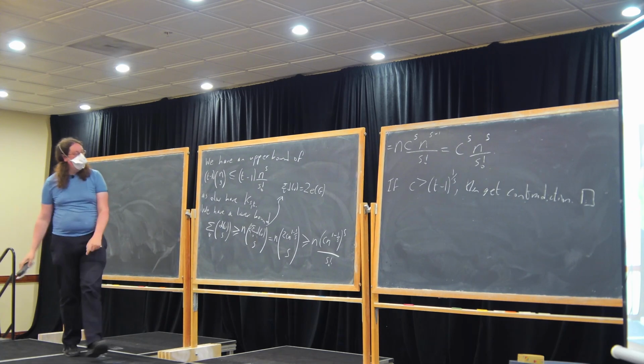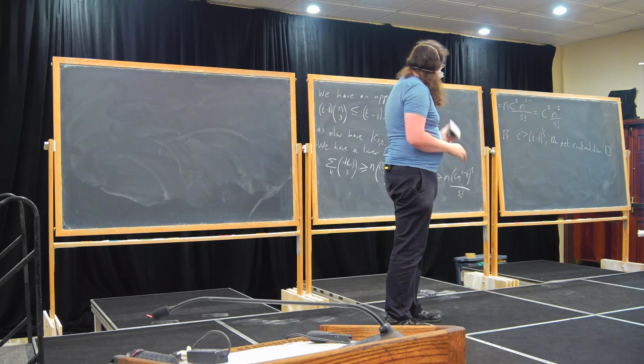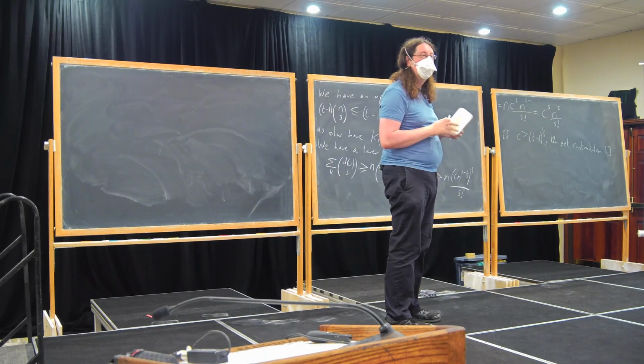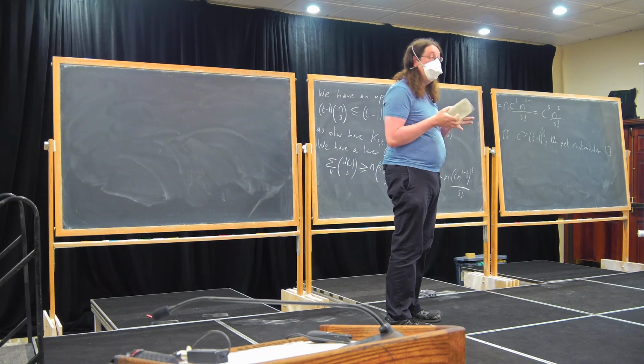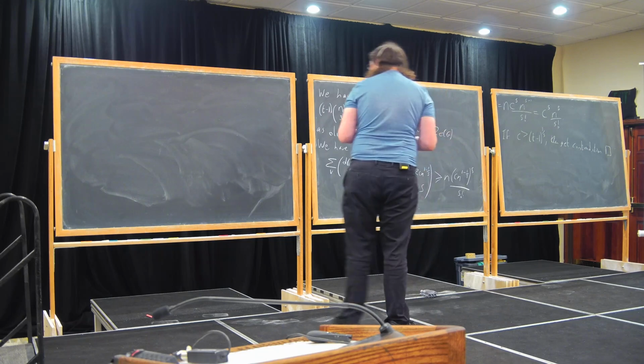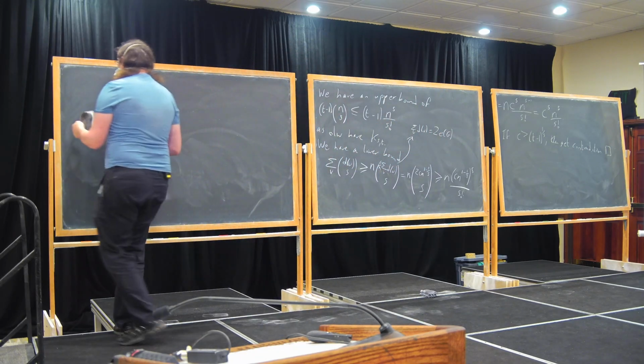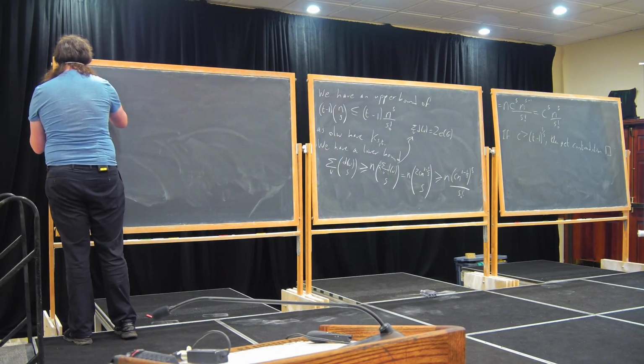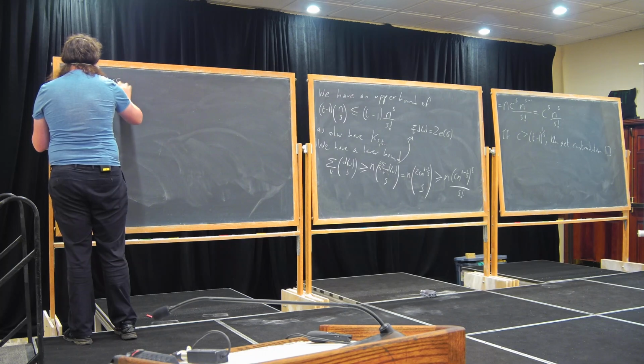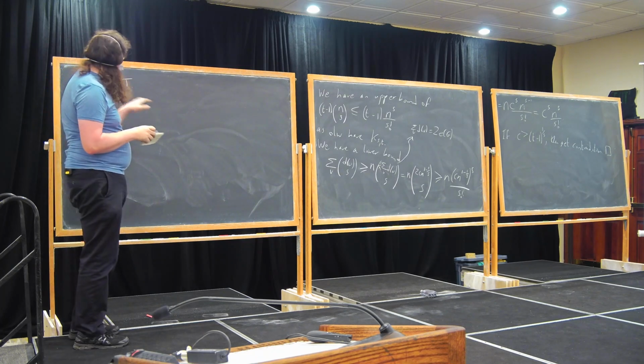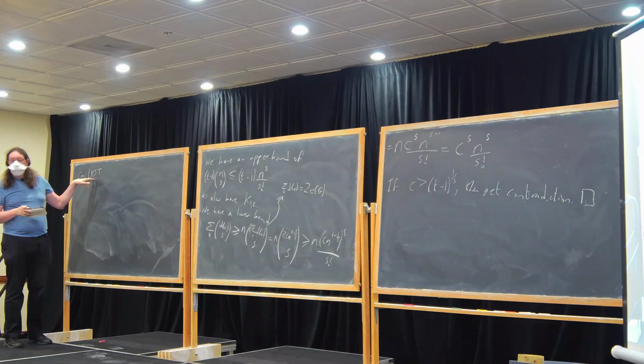So the question on everybody's lips now is: is this sharp? When is this actually the correct bound? In their original paper, Kővári, Sós and Turán conjectured, and I'm not sure if this is true, but often complete bipartite graphs are written as K_{s,t}, and I think it might be because of the names.